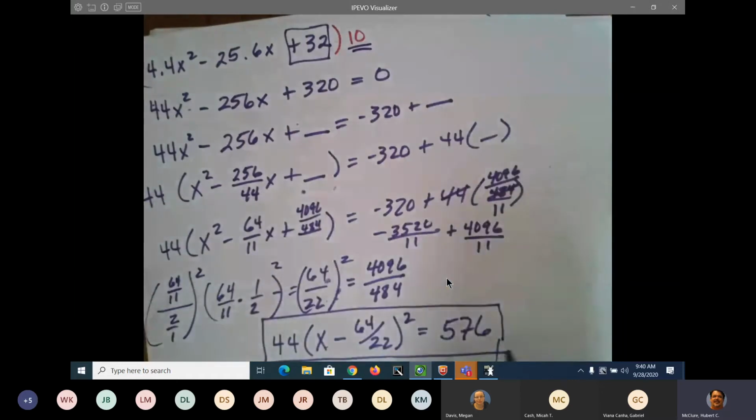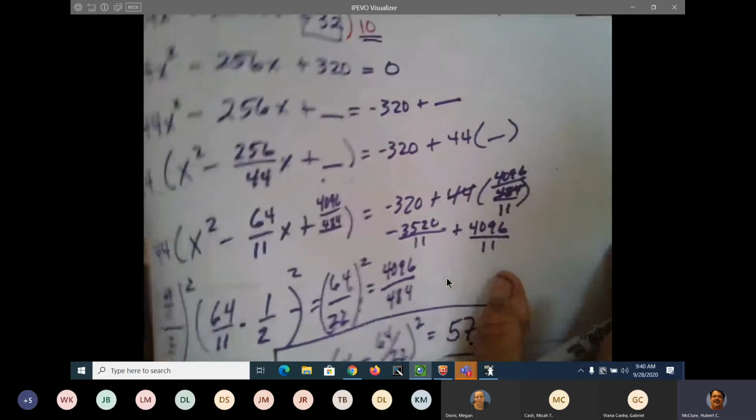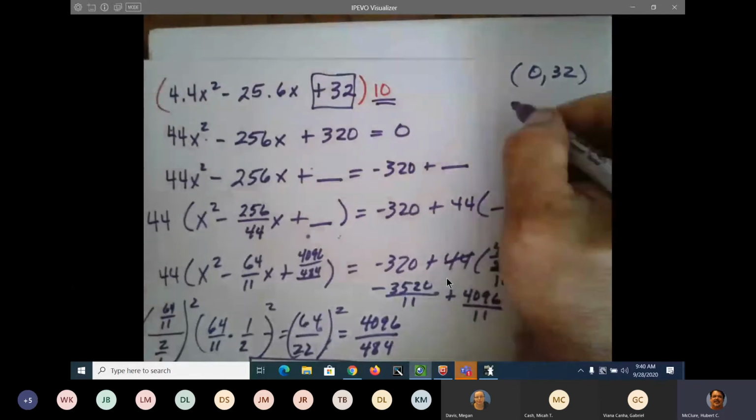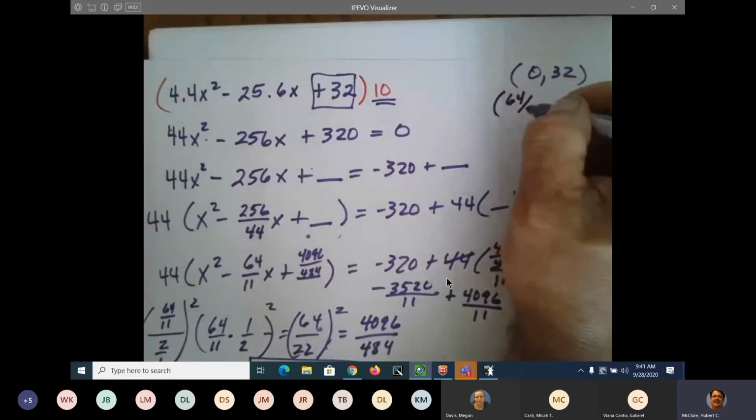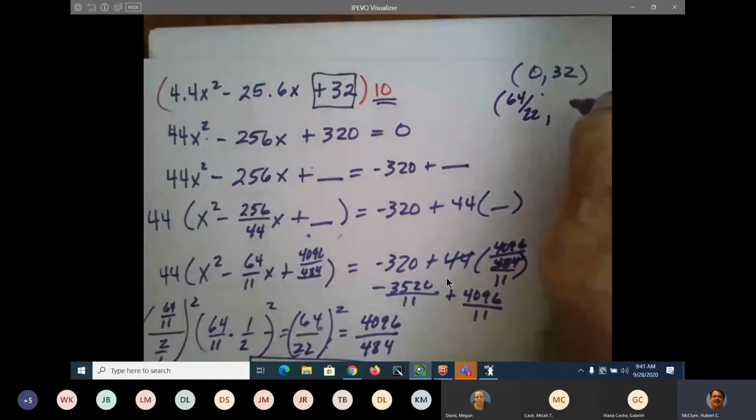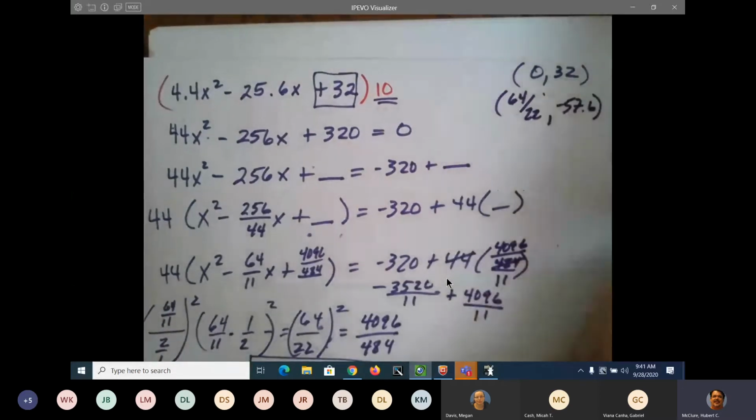So that would be 4.4 and this would be 57.6. So our vertex is going to be positive 64 over 22, comma, negative 57.6. That's our vertex.